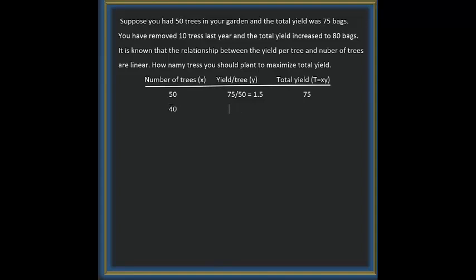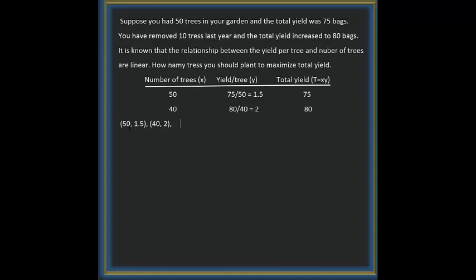So then yield per tree will be 80 over 40. So that gives me 2 bags per tree. So we have total here 80. So now we'll be working on these numbers here. So when you take as order pair, you have 50, 1.5, and then another point you are getting 40, 2.